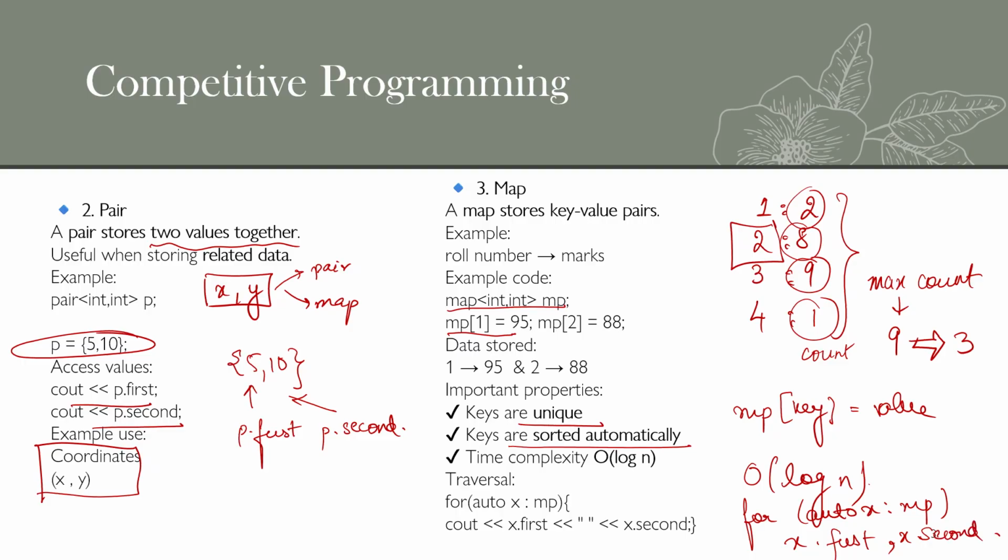So are you able to understand the difference? Here you are storing two correlated values that you will have to use. But here you can use values that may or may not be correlated, but one can be used to get the other value or the answer.